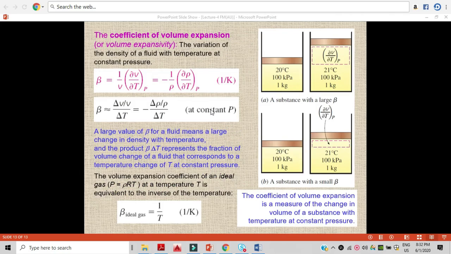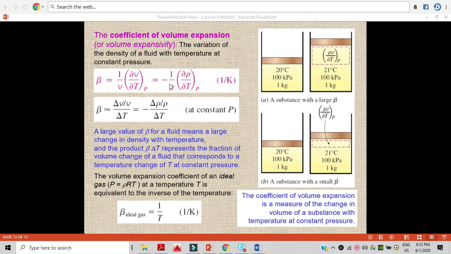So the coefficient of volume expansion can be expressed as the fractional change in volume corresponding to the change in temperature, represented with the coefficient of volume expansion beta. Here you see the term is positive, both the terms are positive. As the temperature increases, the change in volume increases.